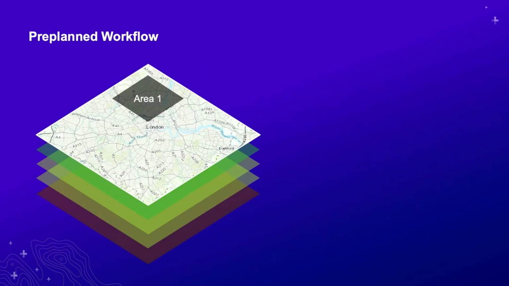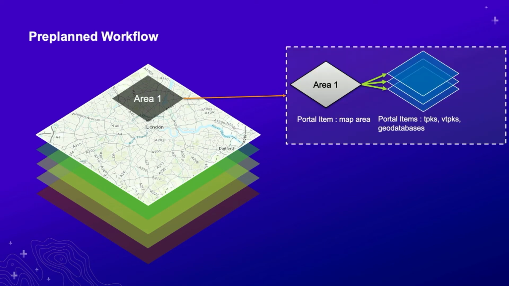With the pre-planned workflow, you have a number of areas. It could just be one area. It could be many more areas than that. But that area is a portal item. It's called a map area portal item.